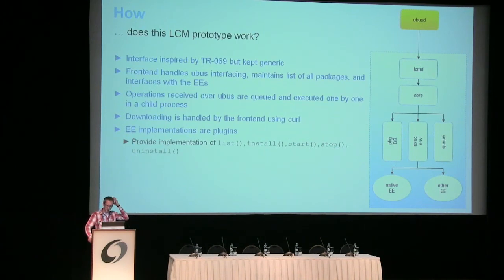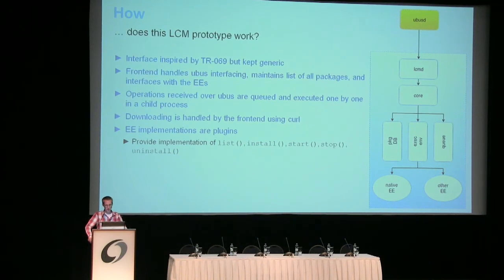Internally, roughly speaking, like I said, the interface itself is inspired by TR69, but it's kept fairly generic. And we have this front end that handles all the UBus interfacing, that maintains the list of current packages that it knows about and all the metadata associated with it. And it interfaces with the actual execution environment implementations.